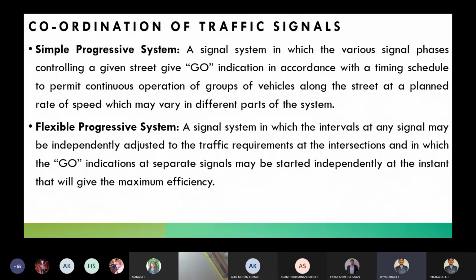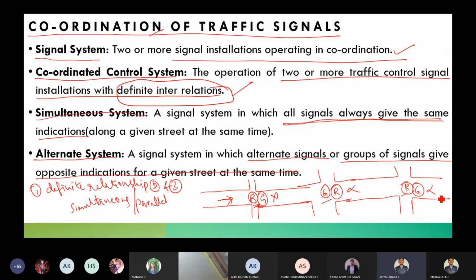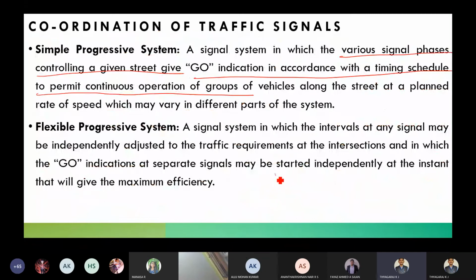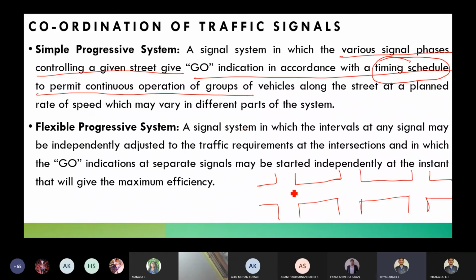Then comes the simple progressive system, a signal system in which various signal phases controlling a given street go indication in accordance with a time schedule, to permit continuous operation of a group. What will happen is, in this method there will be no time restraint, but in the simple progressive system, which I will draw in a diagram, the timing schedule permits the continuous operation of vehicles.